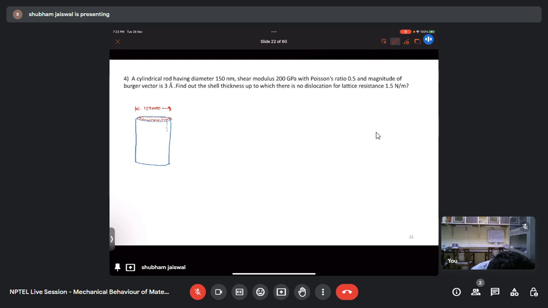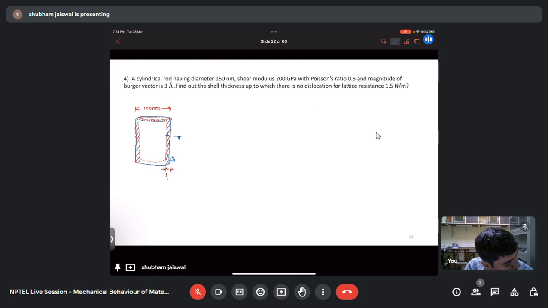If I project it here, they are asking us to find out this thickness. Now if we use the concept of image force, let's say here is one dislocation at a thickness t, and here also the opposite dislocation at a distance t.